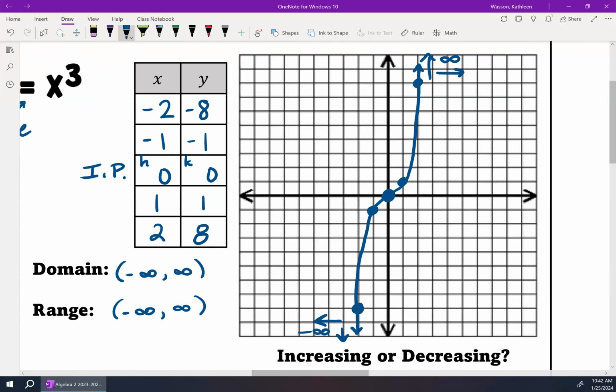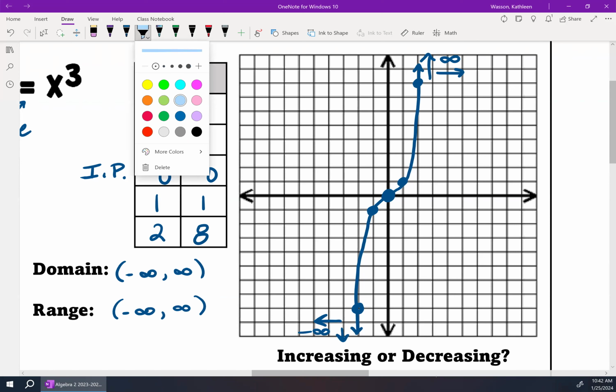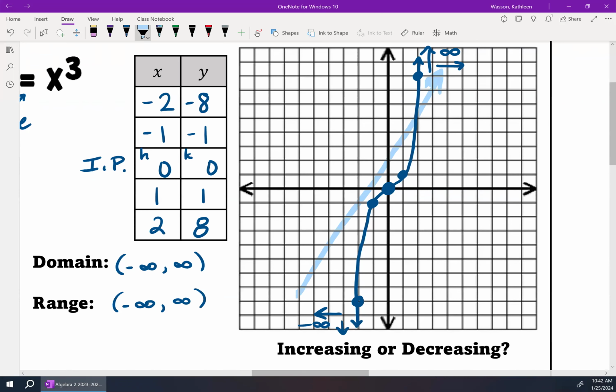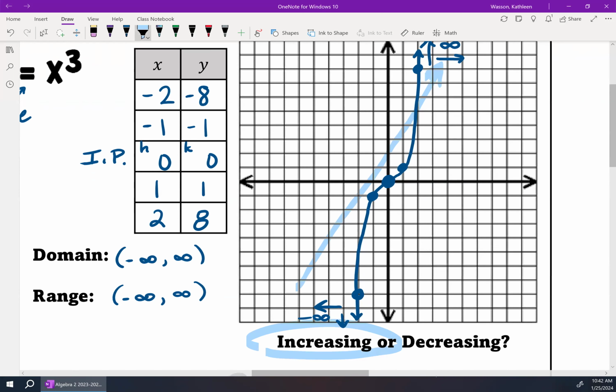You'll still have all real numbers as your domain and your range for all graphs that are cubic. From left to right, this graph is increasing. It's increasing up much more quickly than it increases right, but we're going to say this graph is increasing.